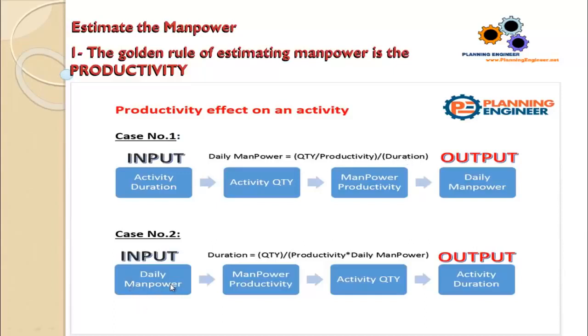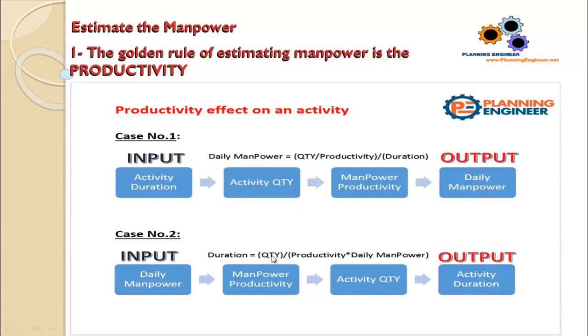Case number two, if you have a fixed daily manpower, let's say you have 2 labor only. These 2 labor can produce 10 square meters, and the activity quantity is 200. In that case, you will estimate the activity duration based on these variables. Let's see.